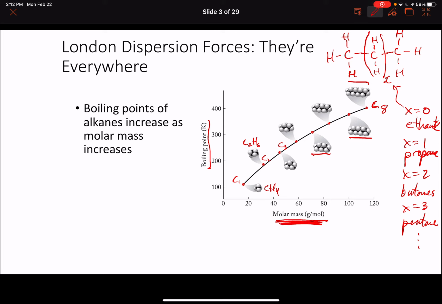So boiling points do in fact track with the molar mass in this series, showing a simple extension of the carbon chain to a longer value.